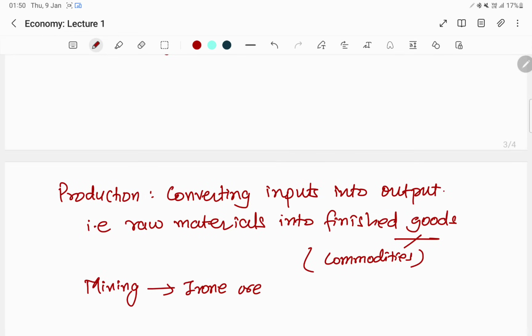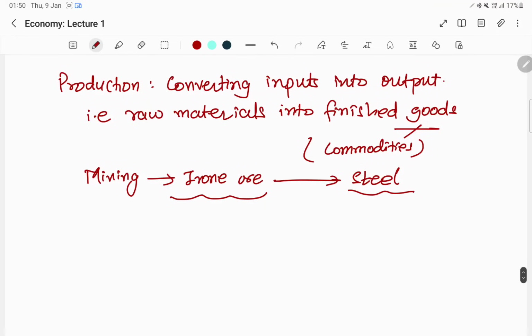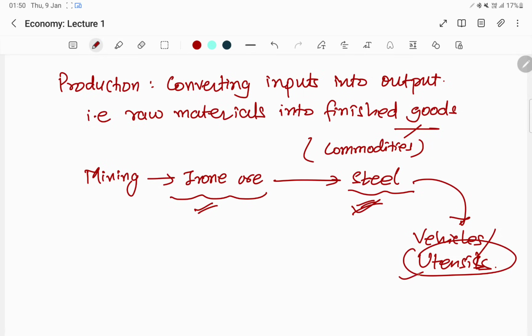From that iron ore you have made steel. So this is the raw material input, and steel is the output. But maybe steel you have used to make some kind of vehicles or utensils or any other thing, right? So this is converting raw material into finished goods. If we are making utensils, this is raw material and this is finished goods, right?